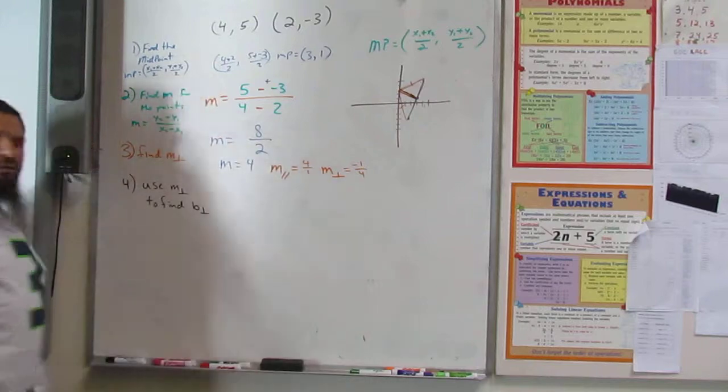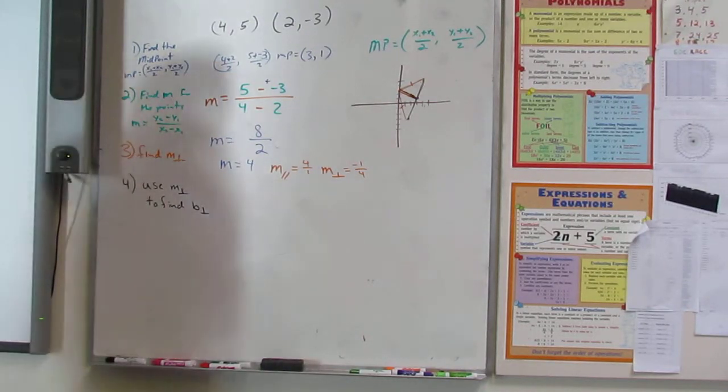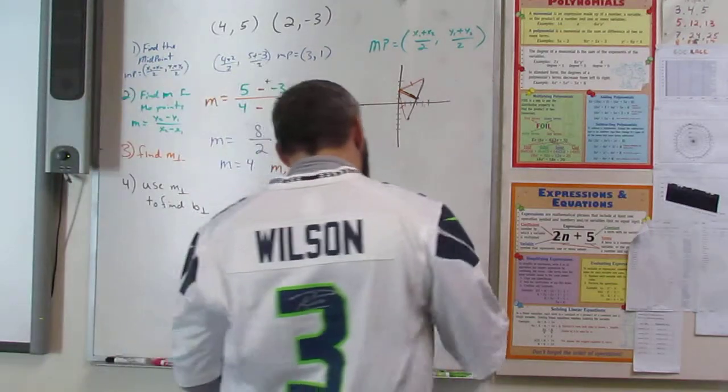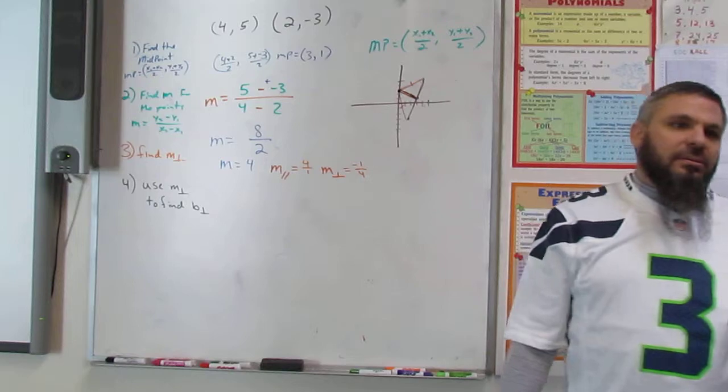B perpendicular. The intercept on the perpendicular line. Once I find that intercept right here, I'm good to go.